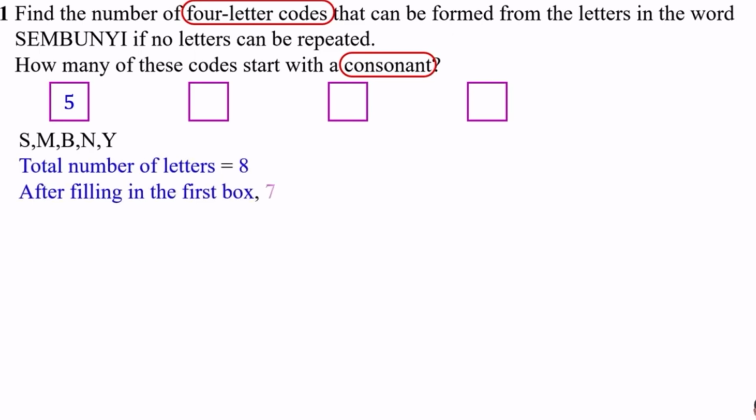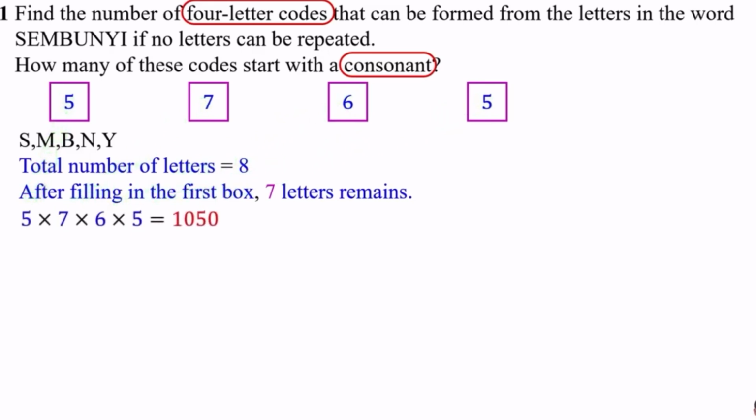After filling in the first box, we have 5 choices, but we use 1 to fill up the first box. So for the balance, we have 7 letters remaining. Out of the 7 letters remaining, we will fill up the 3 spaces. You can write as 7P3, or you can write as 7 times 6 times 5.